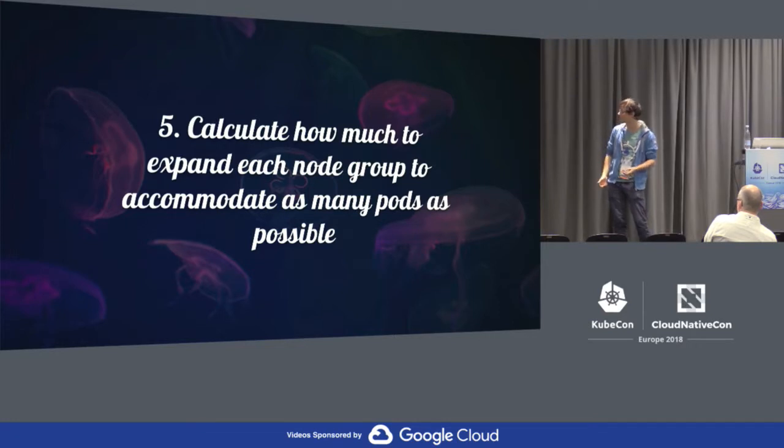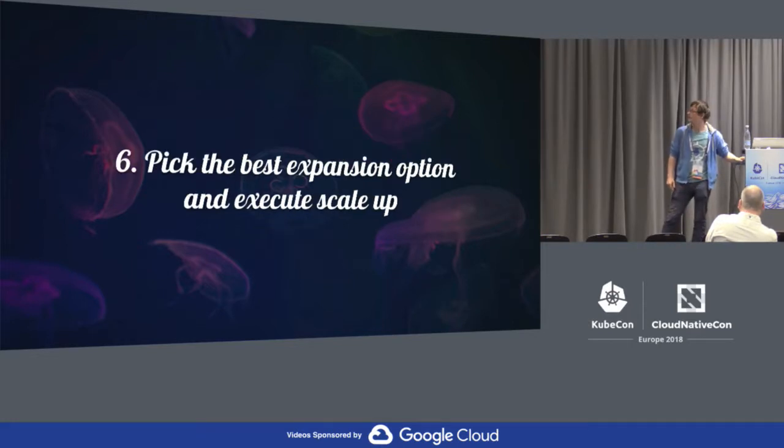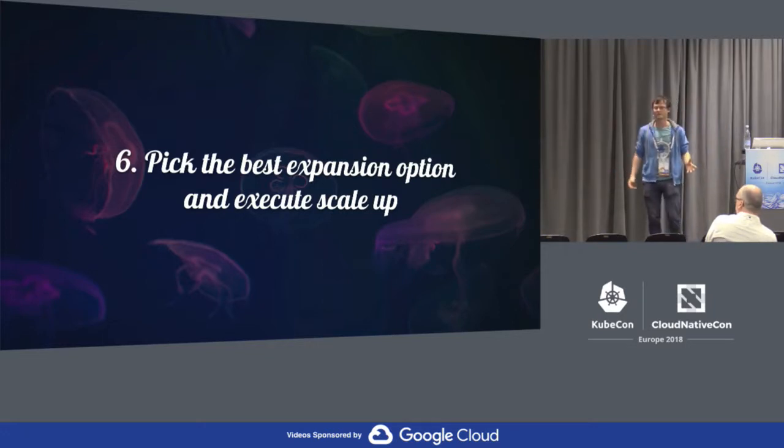So I guess the point I'm trying to make here is we're doing what the scheduler does, but we do it a lot more. So we have a constant battle with performance whenever new features come to scheduler. And once we have all that information, we basically have a set of options.